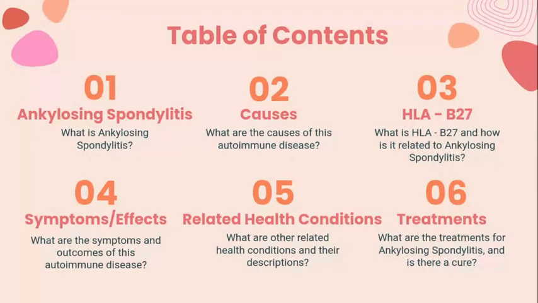Next, I will talk about the symptoms and effects of this autoimmune disease, and then I will discuss the related health conditions. And lastly, I will talk about the treatments for ankylosing spondylitis and if there is a cure.